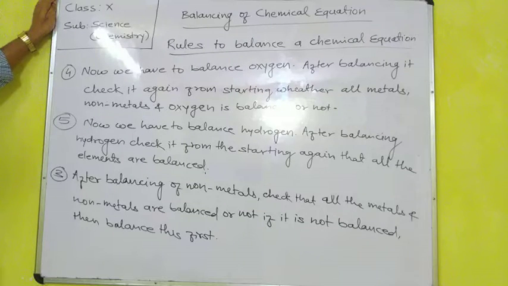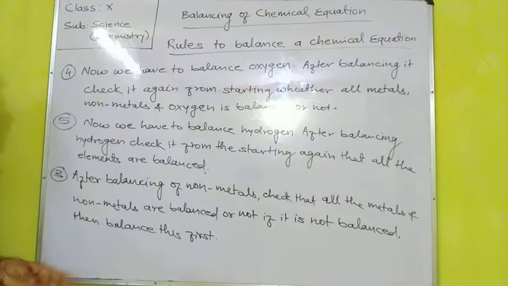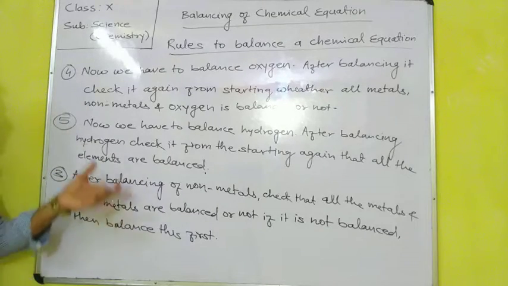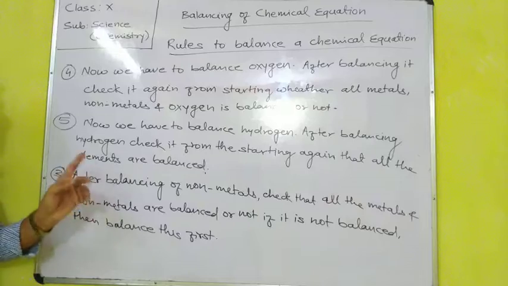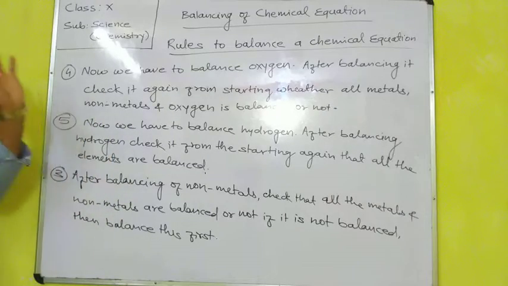If it has disturbed, we first have to balance the metals again. So again, after completing the third step, after the balancing of oxygen, we check that all the metals and non-metals, except oxygen and hydrogen, are balanced or not. In each of these steps we have to check from the starting.